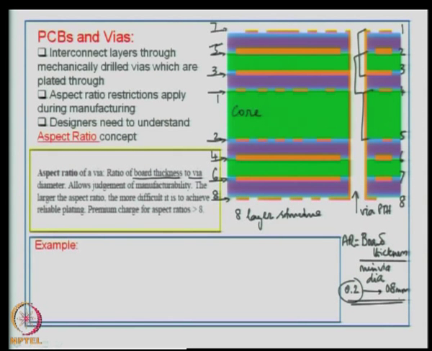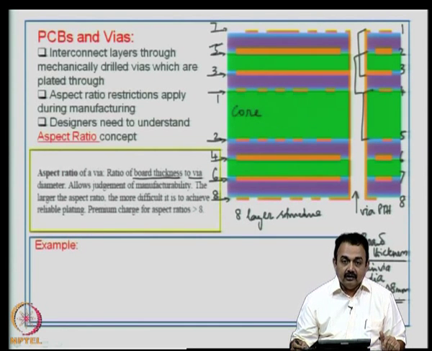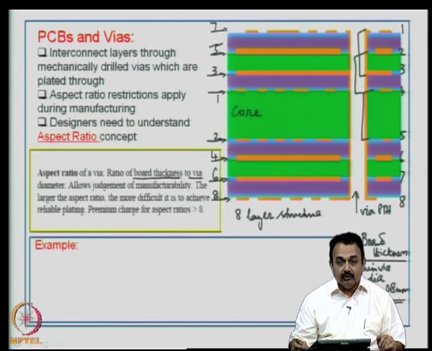That gives a lot of information about the possibility of the board getting manufactured or not, and also it indicates some kind of a reliability assessment that you can make as a designer, as well as the manufacturer will be able to tell you whether with this aspect ratio he can manufacture the board with high reliability or not.